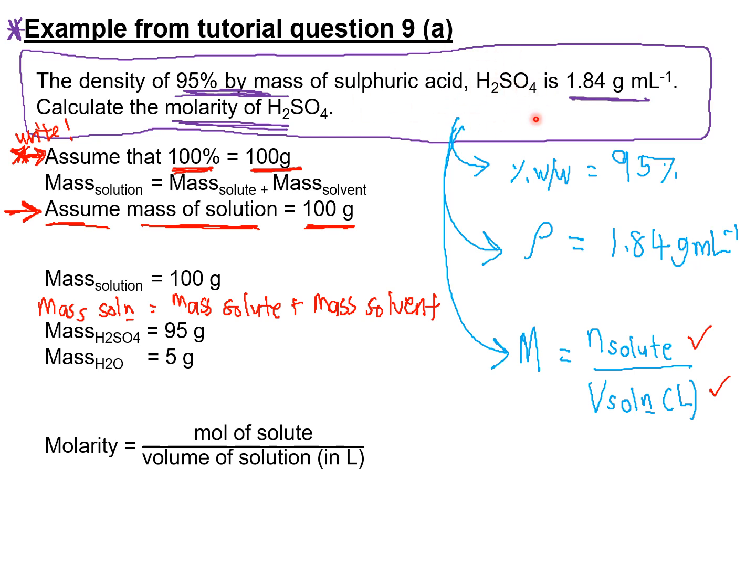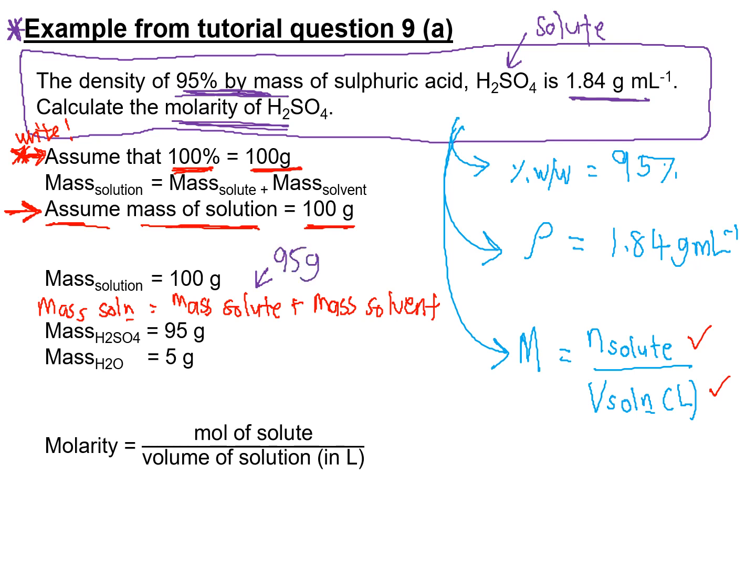So, this sulfuric acid adalah solute. Since you dah assume dia punya mass of solution 100 gram, so you dah assume juga yang 100% adalah 100 gram. So, it is safe to put here that the mass of solute is 95 gram.